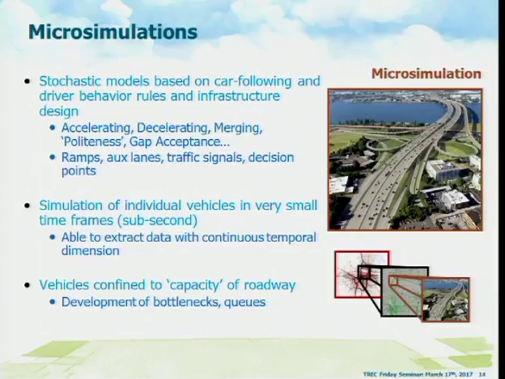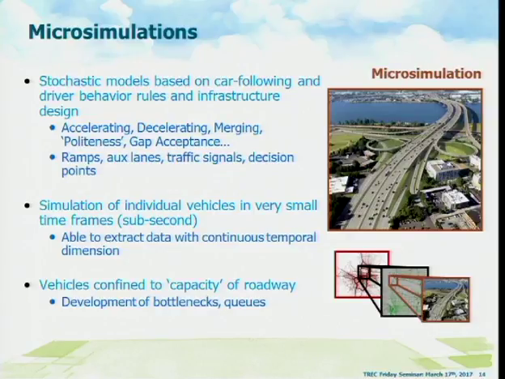Because they're modeling individual vehicles, they're also modeling them in very small time periods. Oftentimes these things are updating at the sub-second level. And so they give you the opportunity to really see what's happening temporally during your analysis period. So you can see the difference between traveling at 4 p.m. versus 5 p.m. versus 5:15 or 5:30.